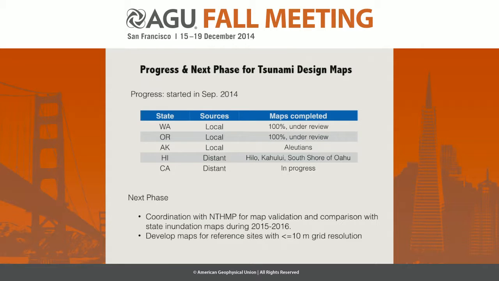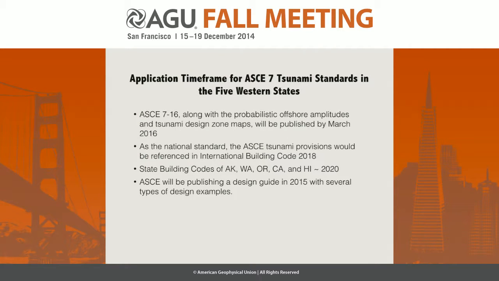So here's the progress on the maps that we've completed so far, and the next phase for us is to coordinate with NTHMP for map validation and comparison with the state inundation maps in 2015 and 2016. And then we'll develop maps for some reference sites with 10-meter grid resolution. Just for your information, here's the application time frame for the ASCE 7 standards.